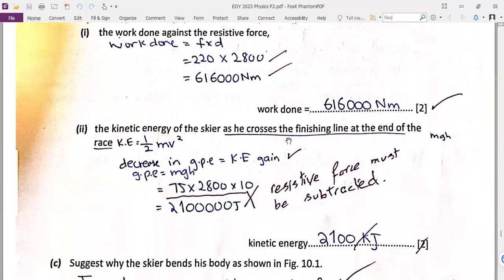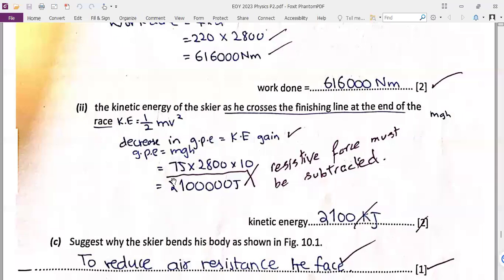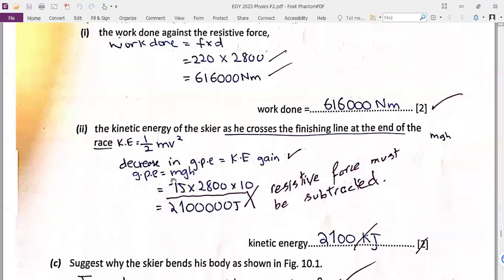The kinetic energy is the decrease in the kinetic energy. The student loses all the marks. Actually, the decrease in the gravitational energy is the increase in the kinetic energy, and then the resistive forces must be subtracted.